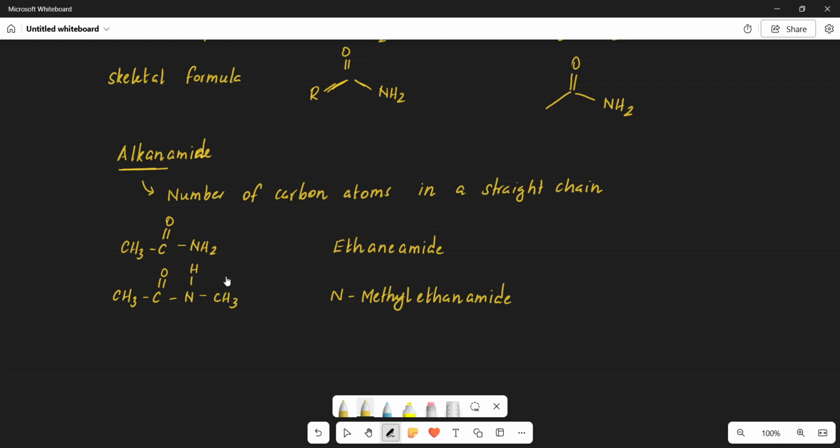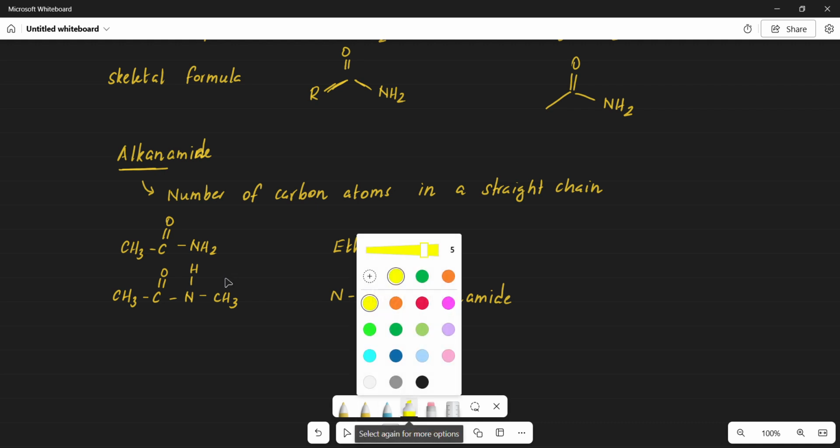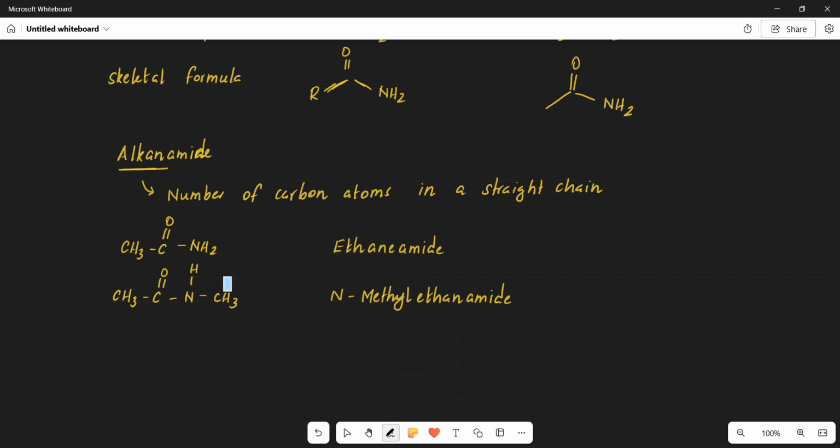The longest chain I am talking about is, this is the longest chain. Here also this is the longest chain. So this CH3 is attached to the nitrogen. So that's why it is N-methyl ethanamide.